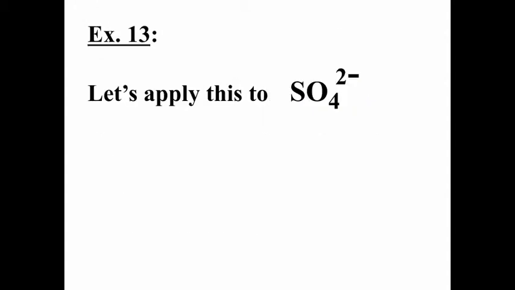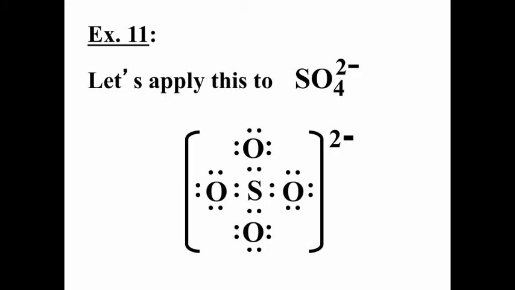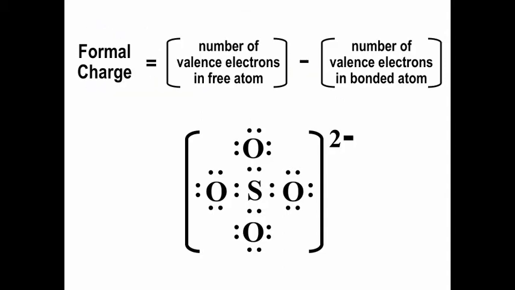So let's apply this to sulfate, which is what we started this screencast with. And here was our first structure where we have only single bonds. And essentially what we're doing is, for a given substance, we're going to calculate the formal charge on each atom within this species.